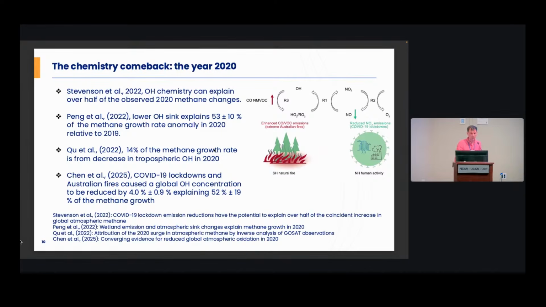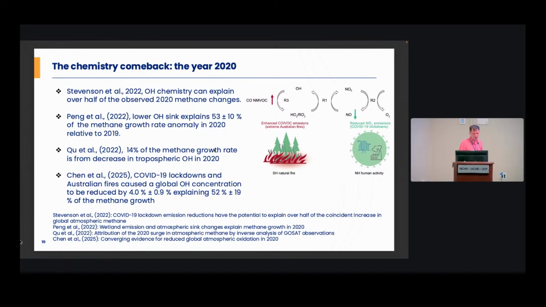But then the interannual variability came back as an important thing during the 2020 COVID lockdown, where we got an extreme reduction in NOx emissions, which drives the OH down, but also Australian fires and other things, including strong reduction in ozone. And here are just 4 papers, but there are many more.